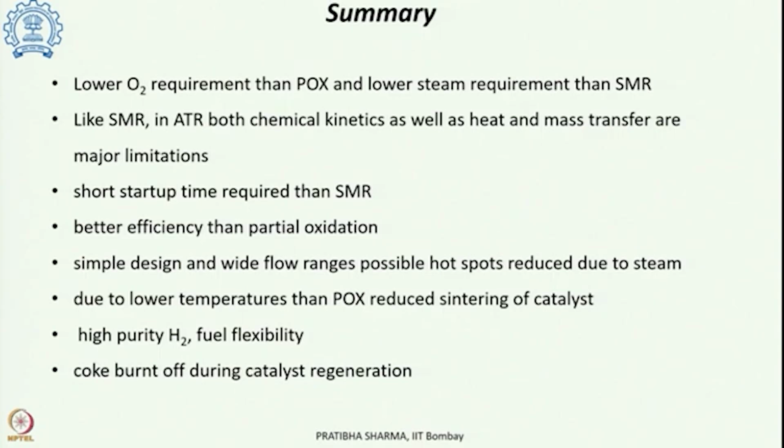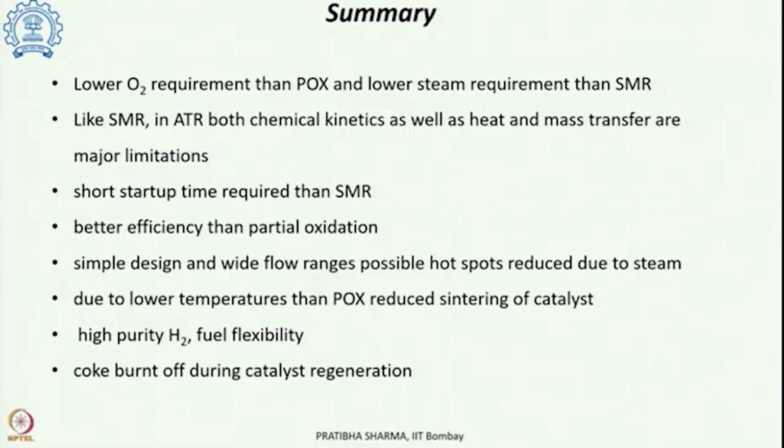At the same time, the requirement of oxygen in partial oxidation is higher as against the autothermal reforming process, and similarly for autothermal reforming the requirement of steam is lower than the steam methane reforming process. Again, in the ATR process, the chemical kinetics as well as both heat and mass transfer are the major limiting factors deciding the overall process.